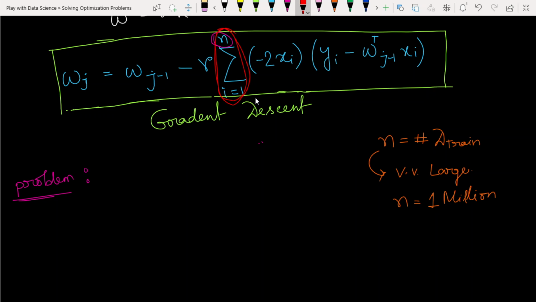This is time taking and expensive. This is the main problem: if n is a very large number, then computing this summation is very expensive and time taking.